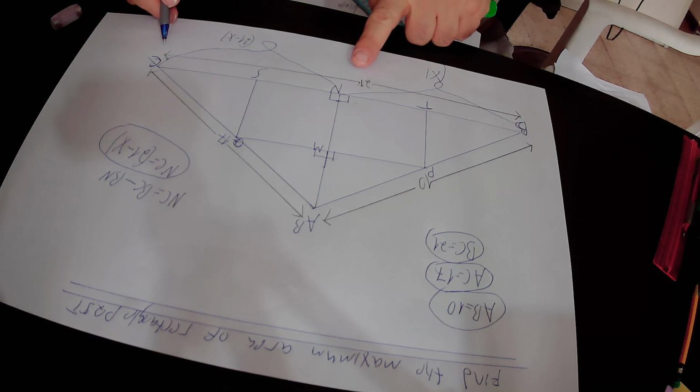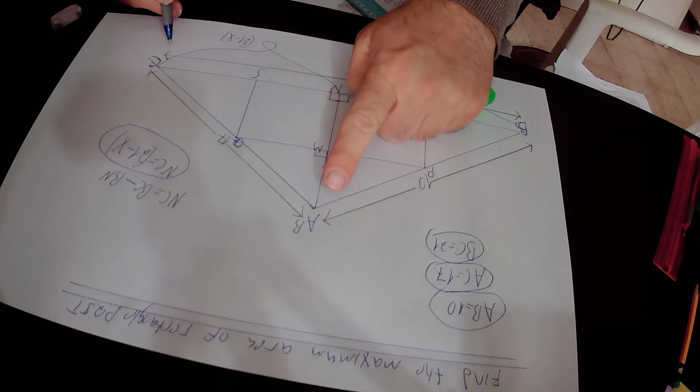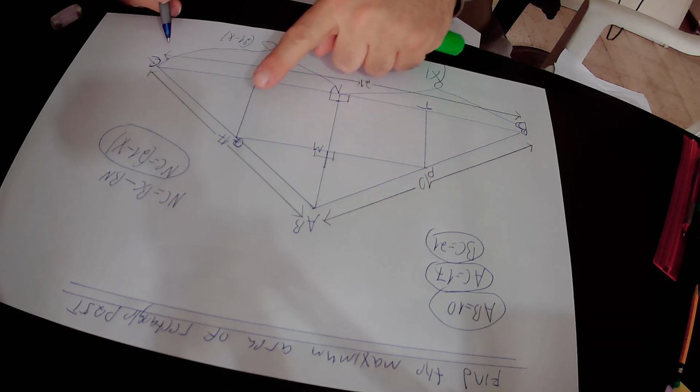Side NC of the right triangle ANC equals 21 minus x units in its length. Side AN is unknown. And the hypotenuse AC in the right triangle ANC equals 17 units in its length.